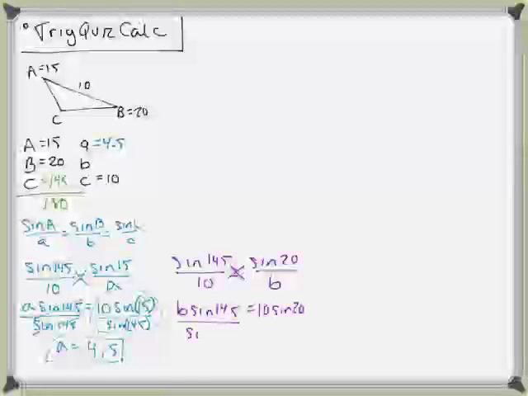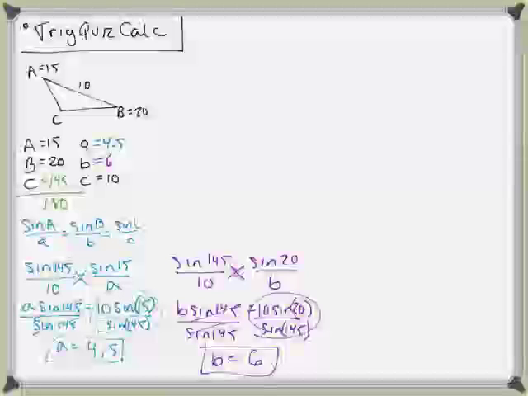And divide out. Once again, when you type this in the calculator, make sure that you close the parentheses that the calculator automatically opens. And this gives us an answer of real close to 6. All right. Questions on that one?